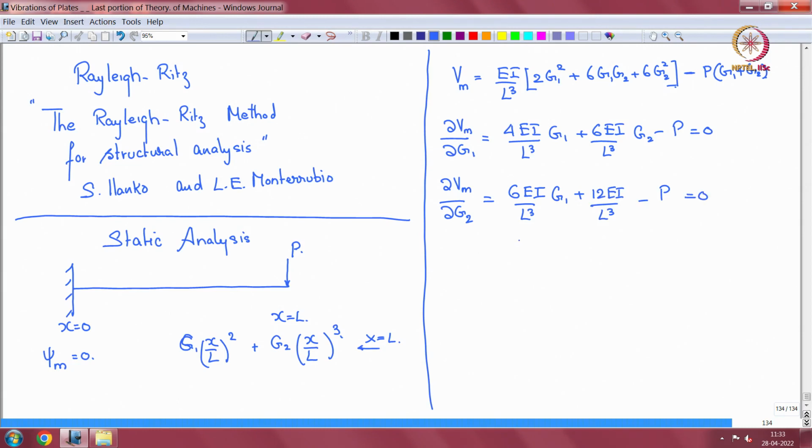We solve this. What do we get? We get G1 is equal to P L cube by 2 EI, and G2 is equal to minus P L cube by 6 EI. And the deflection at L is just G1 plus G2, which is PL cube by 3EI. So we can do static analysis.